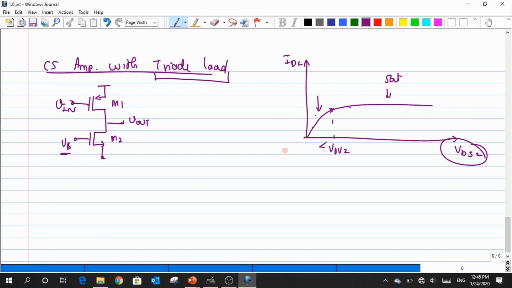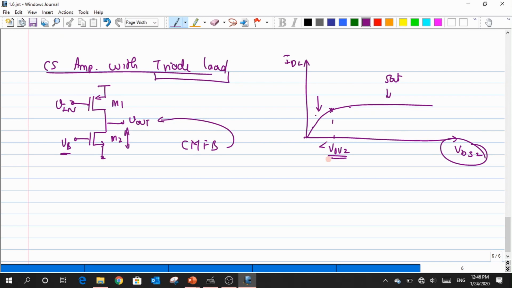Here again the same thing, right? Nobody else is there to control this because I'm connecting both the drains. The drain cannot control that particular quantity. So I need an extra circuitry again in order to make the circuit operate. I need a common mode feedback kind of circuit which will help me define the Q point, or the VDS value, such that this VDS is always smaller than this VOV2. Otherwise it is not at all possible.